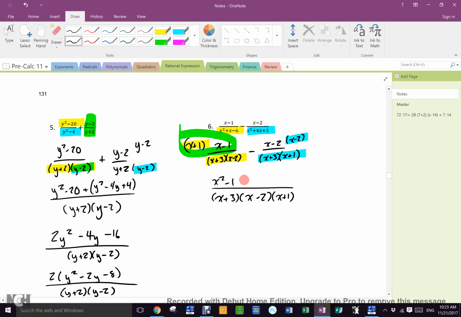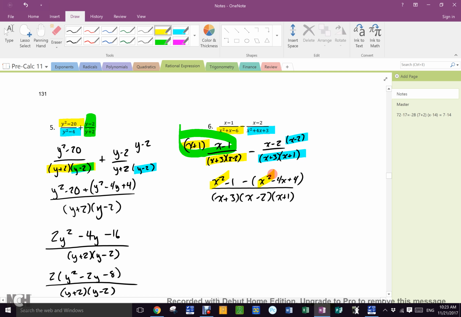X squared minus 1 minus, and what's this become? x squared plus 4? Minus 4x plus 4, right? Everyone agree? Now what? What do you see right there and there?